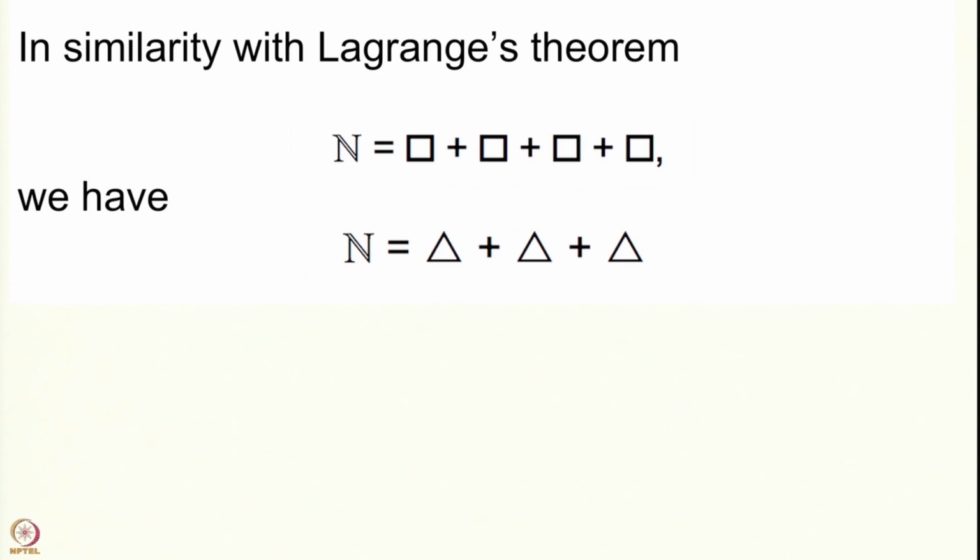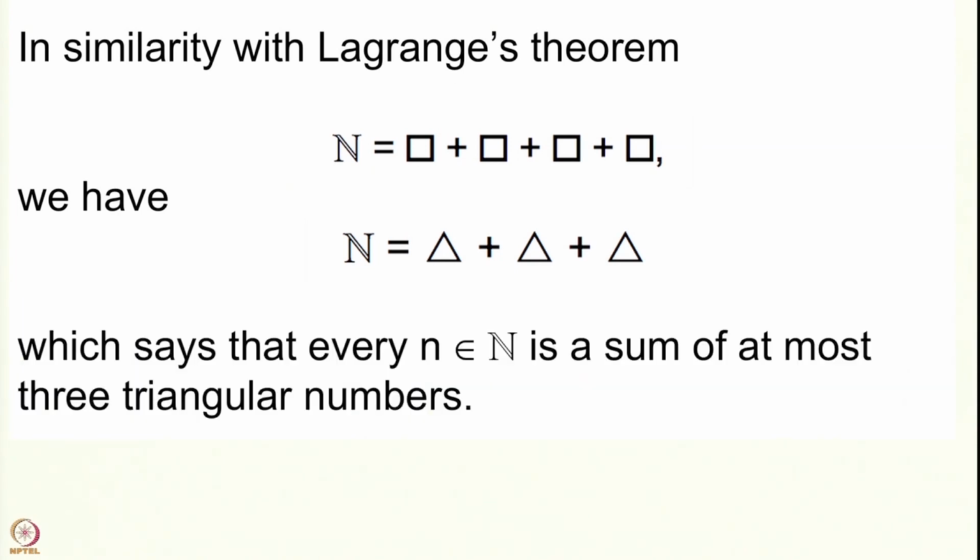Similar to this, you may have heard, this is a very famous remark by Gauss, who had written this as Eureka! num = Δ + Δ + Δ. So, this means that every natural number n is a sum of at most 3 triangular numbers.